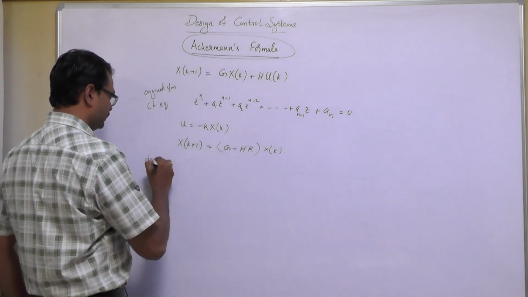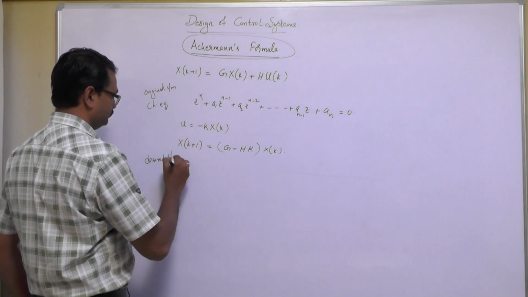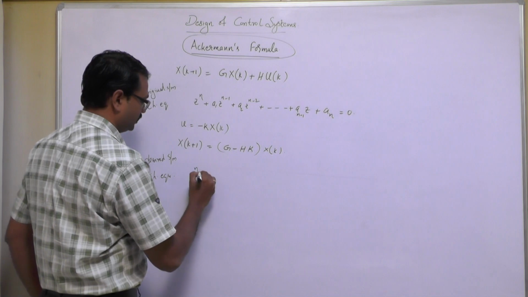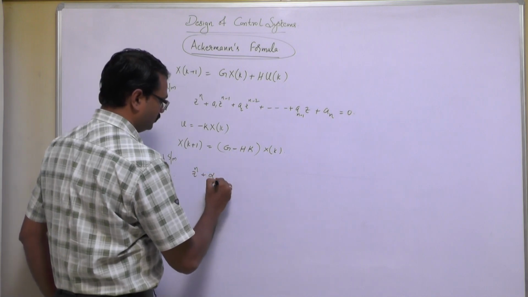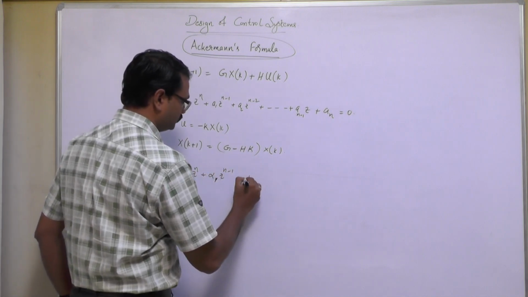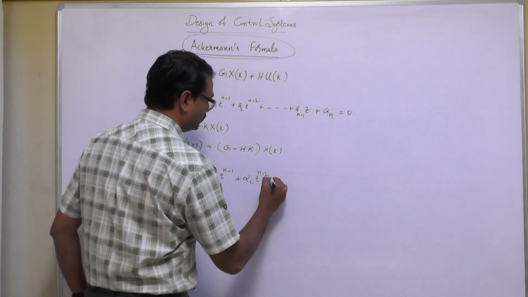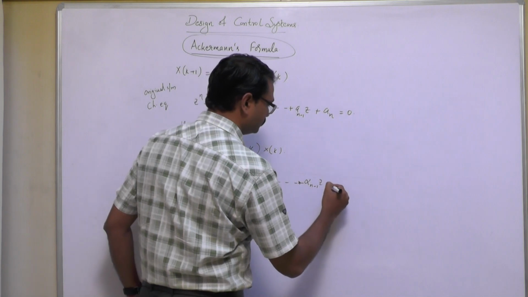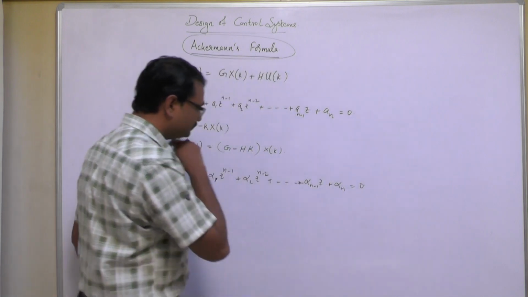So the desired system characteristic equation is z power n plus alpha 1 z power n minus 1 plus alpha 2 z power n minus 2 plus so on plus alpha n minus 1 z plus alpha n equal to 0.